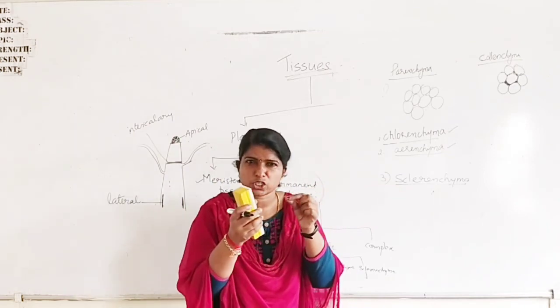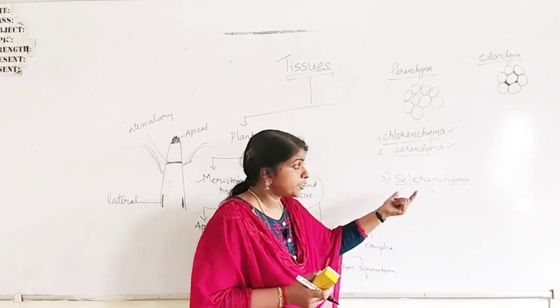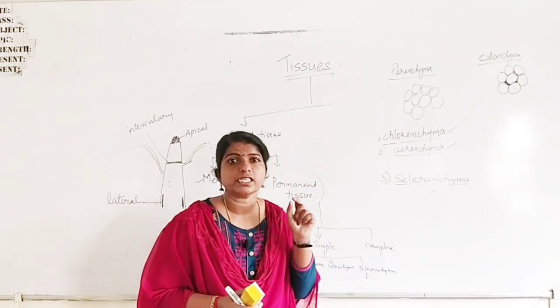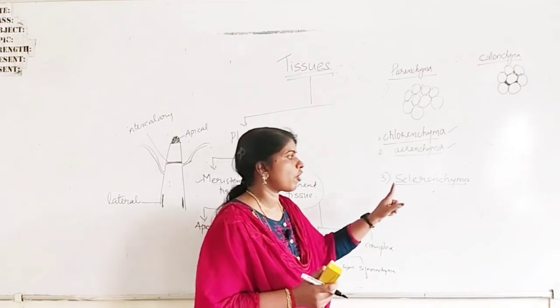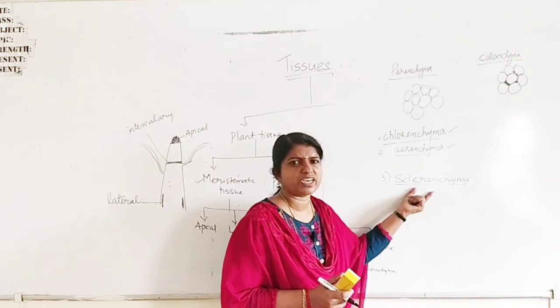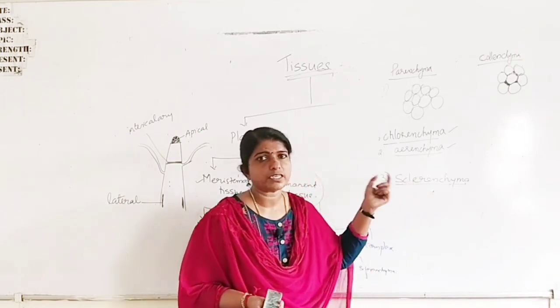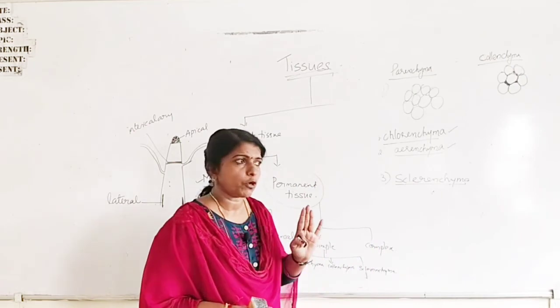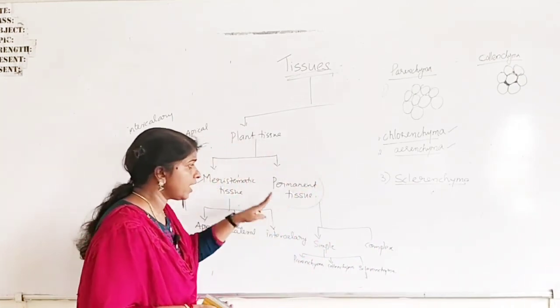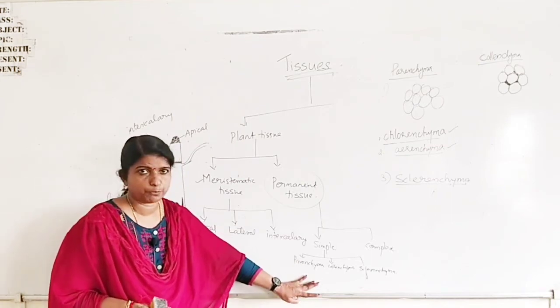Observe that it is very thick. The main function of sclerenchyma is mechanical support, because it is not a living cell, it is a dead cell, so it can provide mechanical support. These are the different types of simple permanent tissue.